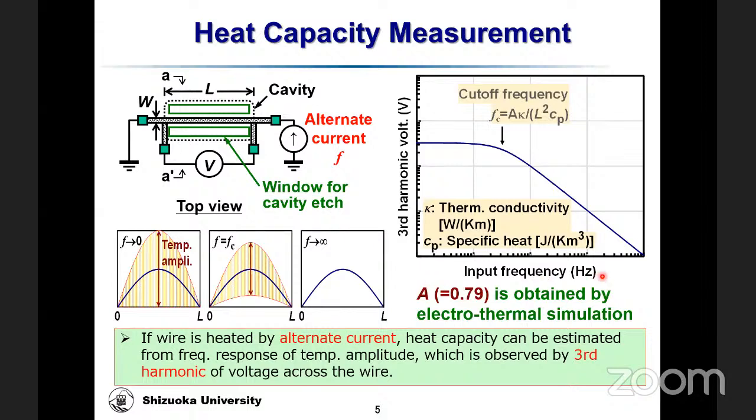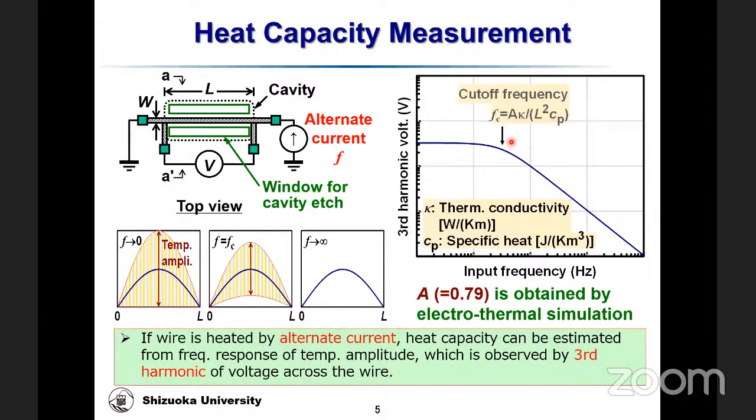So when we change the frequency of the driving current, we can get the characteristics like this. We usually define the cutoff frequency where the amplitude becomes 70%, and also the phase delay is over 45 degrees. And it is also shown that this cutoff frequency is correlated to the specific heat Cp and also the thermal conductance with this equation.